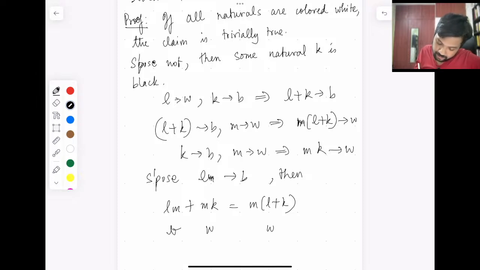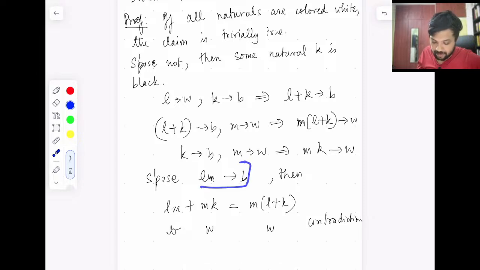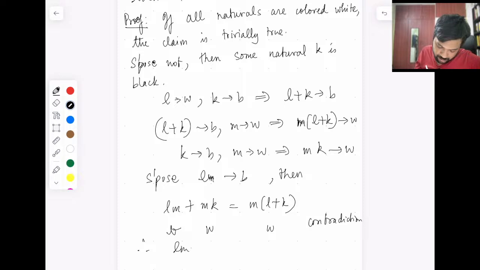Contradiction, because black plus white should have been black. So it is a contradiction to the assumption, I mean the coloring. So therefore LM being assigned black is impossible. So therefore, LM must be assigned white, and we are done.